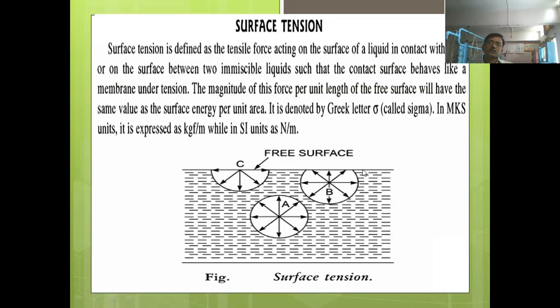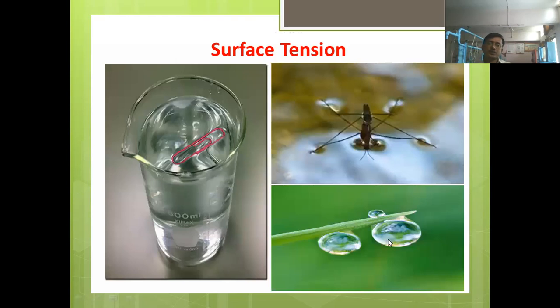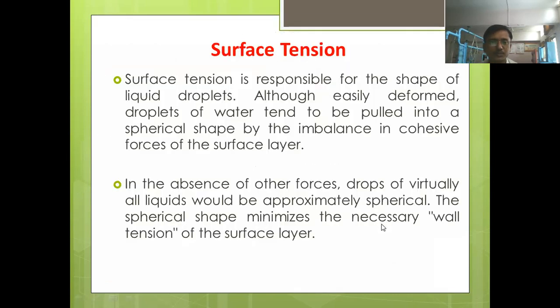Now here, liquid droplets, we have observed it is spherical in nature, so it has been mentioned here. The surface tension is responsible for the shape of the liquid droplet, although easily deformed. जरी तो easily deformed होत असेल तरी पण त्याचा shape जो आहे it is somewhat spherical in nature.